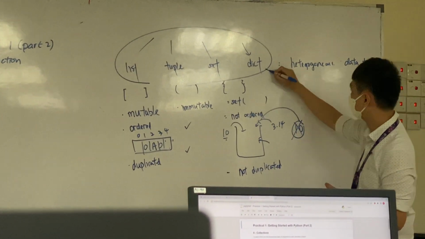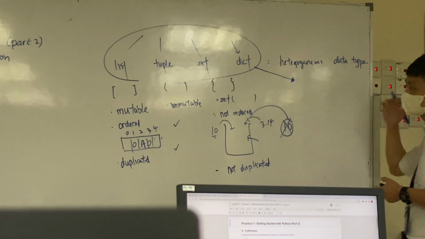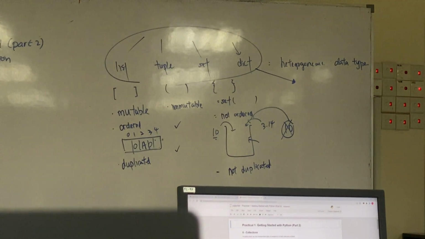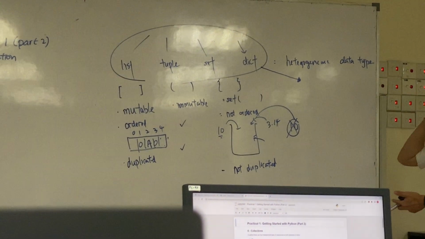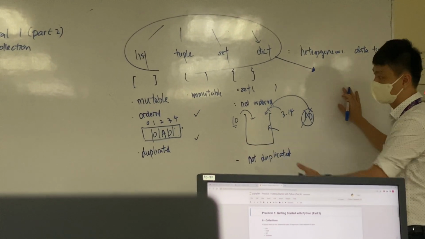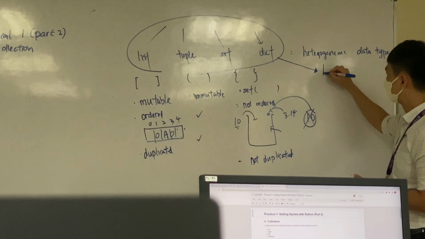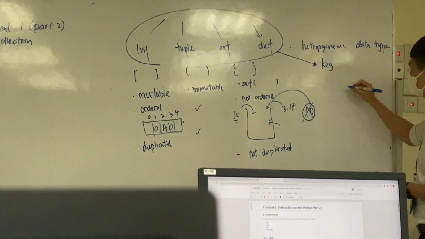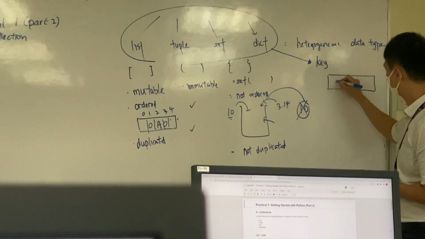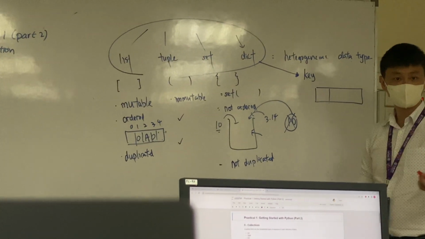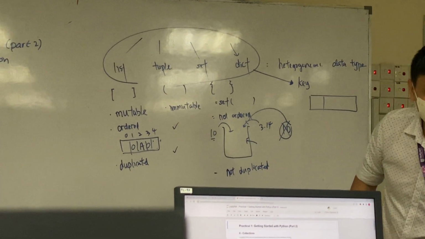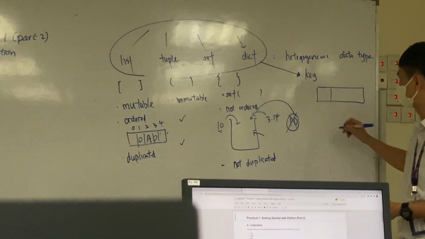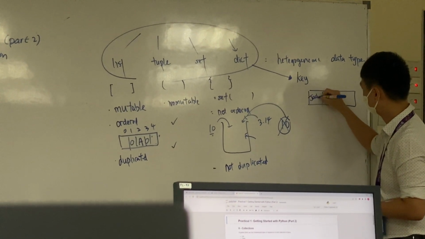And then the last one, dictionary. A dictionary is a special type of collection. It is not based on the index, but based on the key. So what does it mean by the key? Let's say now you'd like to store something. Name: Jackson.